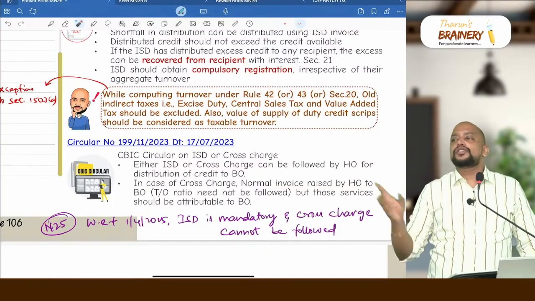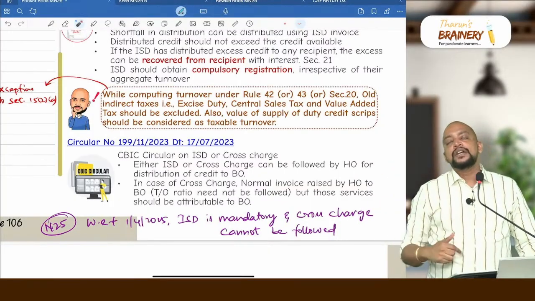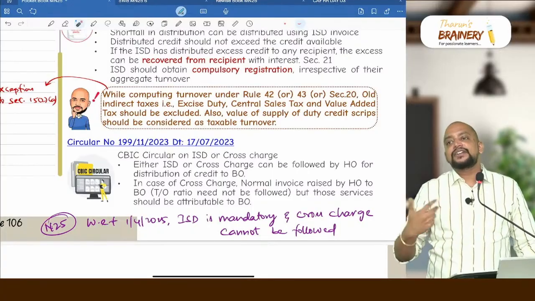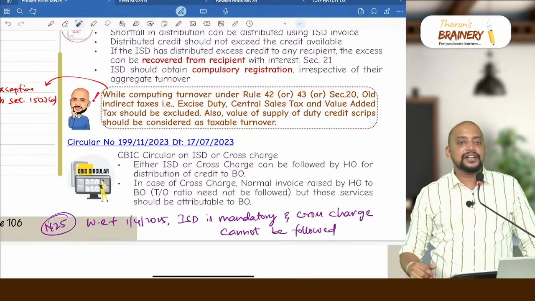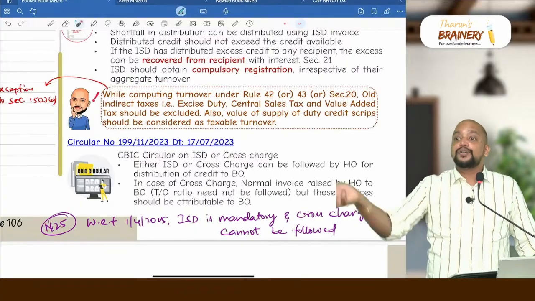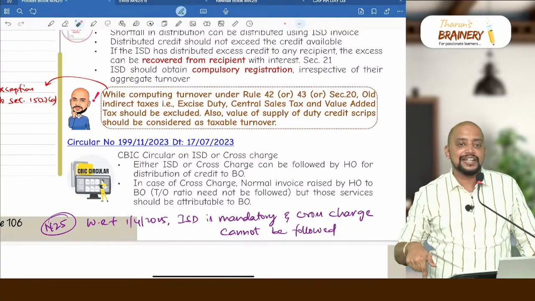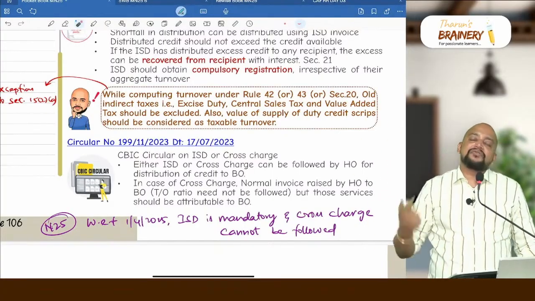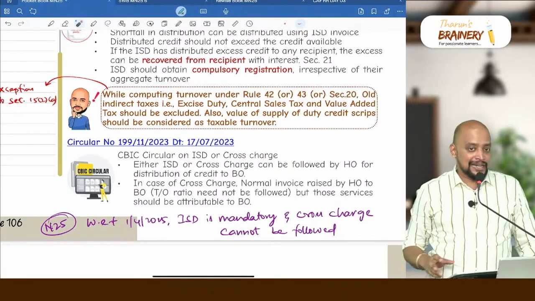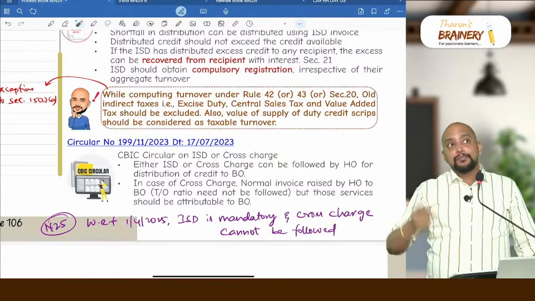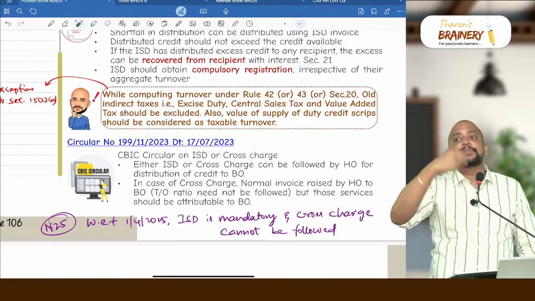Now they clarified that you should not invoke 7(1)(c). What the department started doing was telling you to take the ITC but pay GST on that. Sir, why should we pay GST? Because it is disposal of a business asset on which ITC was availed. So they gave a clarification stating that it is not a supply, so 7(1)(c) is not invoked. Then one more point: manufacturer sending replenishment of the stock.